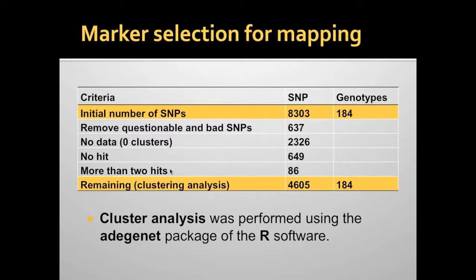Then I also removed the SNPs that had 0 clusters, those that had no hits, and those that were located in more than 2 positions in the genome, so more than 2 hits. And then I had a remaining set of more than 4,600 SNPs in the same 184 genotypes.